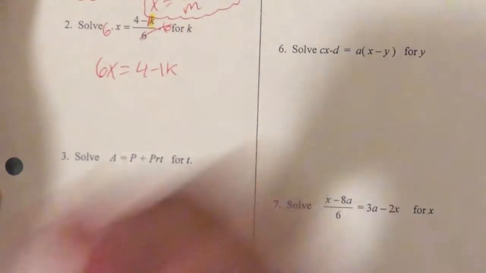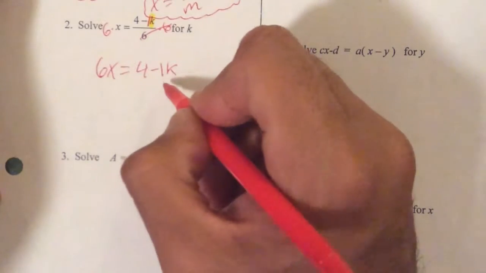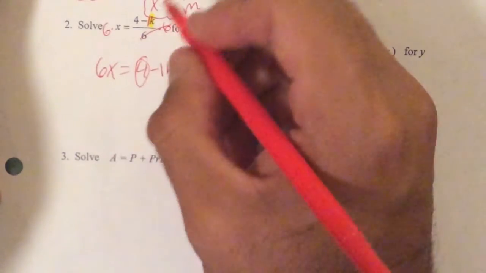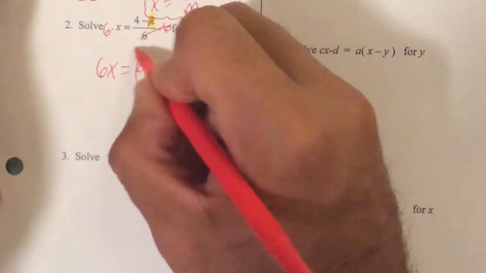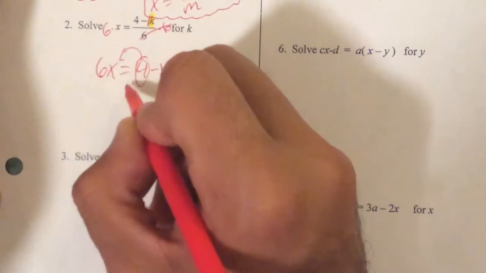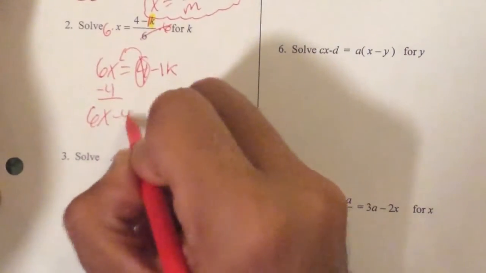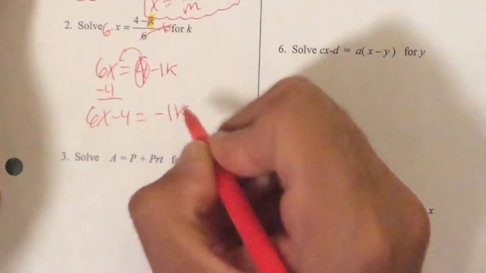Now, next thing I need to do is move the number that's furthest away from the k, or is not beside the k, basically. So the opposite of a positive 4 is a minus 4. So 6x minus 4 equals negative 1k.